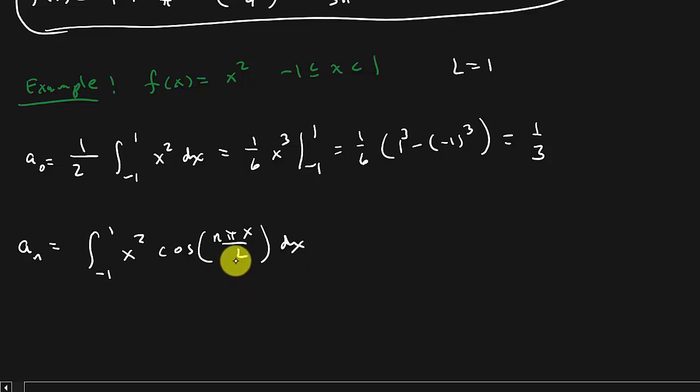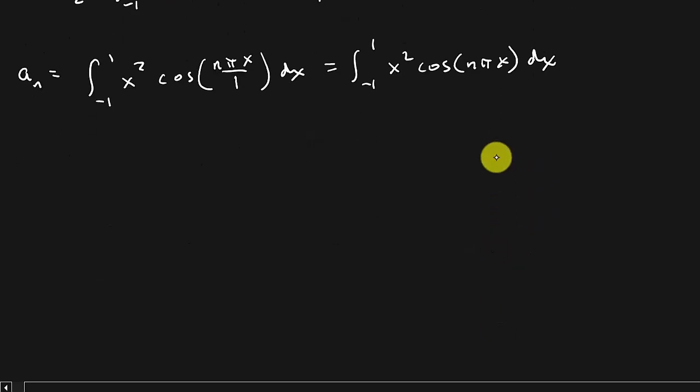All right. That's over 1. And so that's going to be -1 to 1 x squared cosine n pi x dx. So this is what we have to integrate.